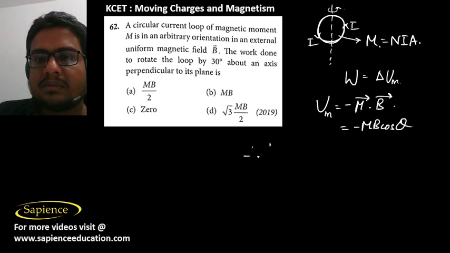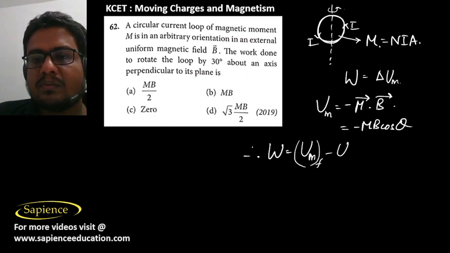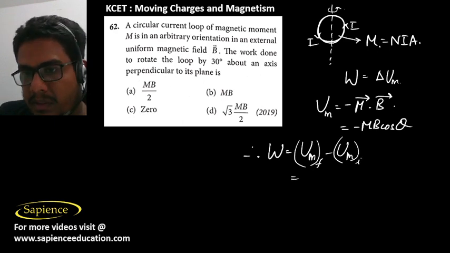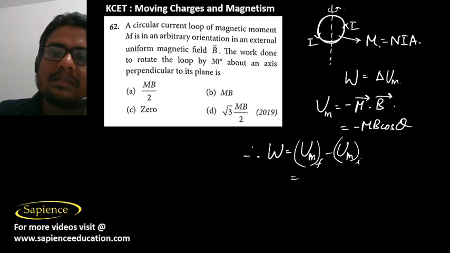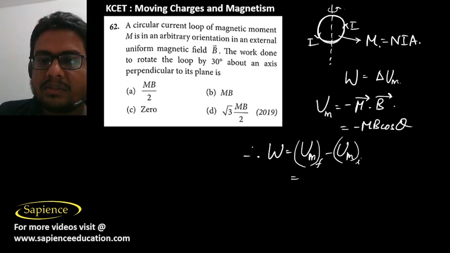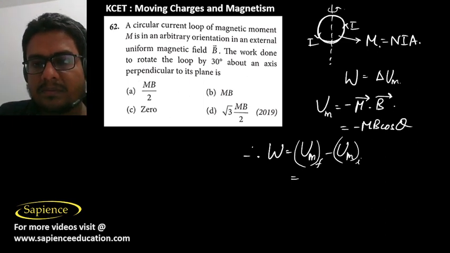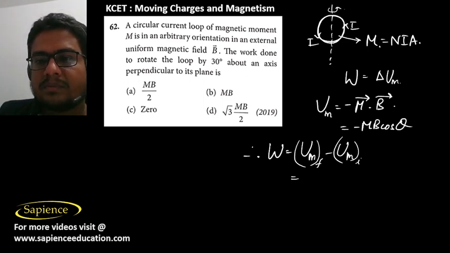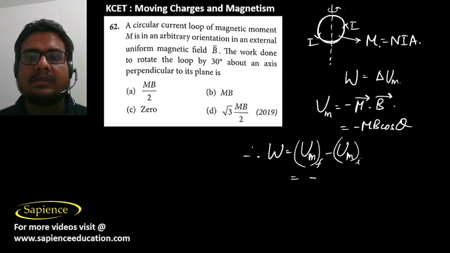Therefore the work done will be equal to final minus initial. So suppose initially it was at theta I, and we rotate the loop by 30 degree.